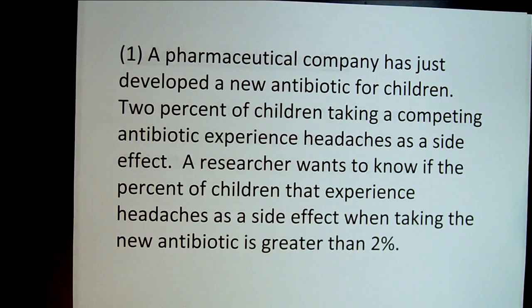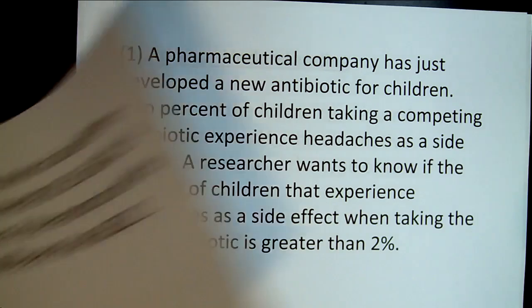A pharmaceutical company has just developed a new antibiotic for children. 2% of children taking a competing antibiotic experience headaches as a side effect. A researcher wants to know if the percent of children that experience headaches as a side effect when taking the new antibiotic is greater than 2%. So you're going to fill in H0, H1, and the type of test.